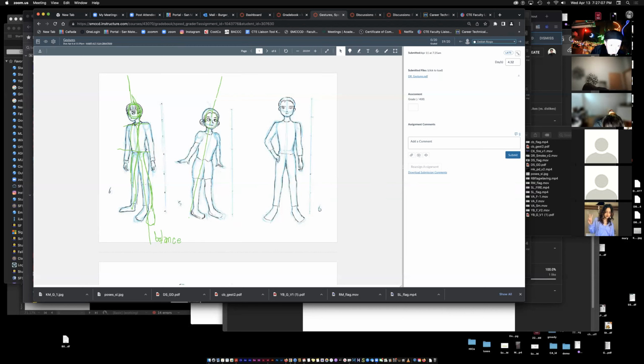So for this character, the line of action is wrong on the top. It should be this way. It goes away from the way they're looking. And the upper part is okay. And the same thing goes here: this line of action is okay, but then this line of action could be really out here to really balance the pose.